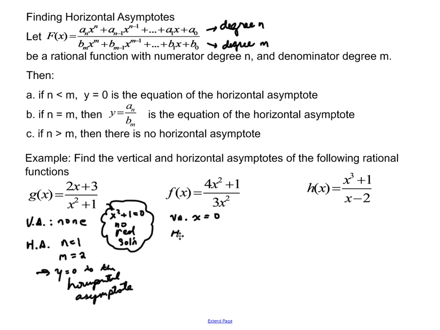For our horizontal asymptote, we'll note that the degree of the numerator is 2, and so is the degree of the denominator. Since the two are equal to each other, we conclude that y will equal the leading coefficient of the numerator over the leading coefficient of the denominator.